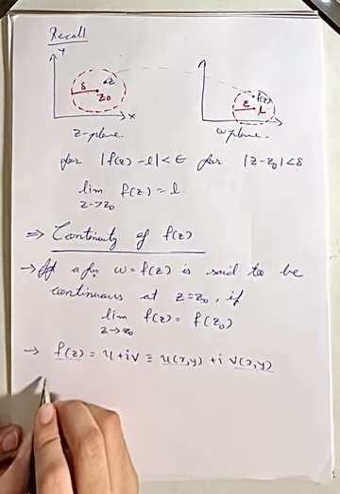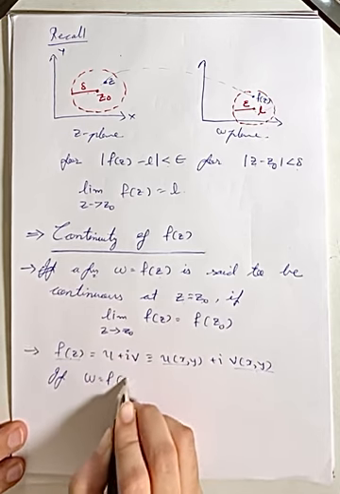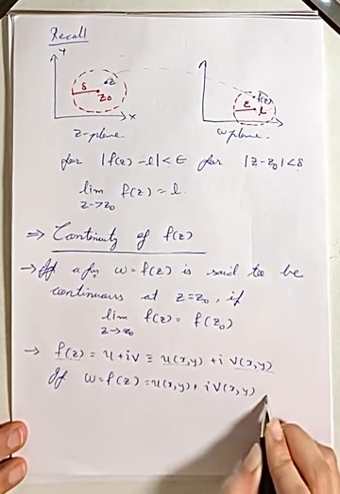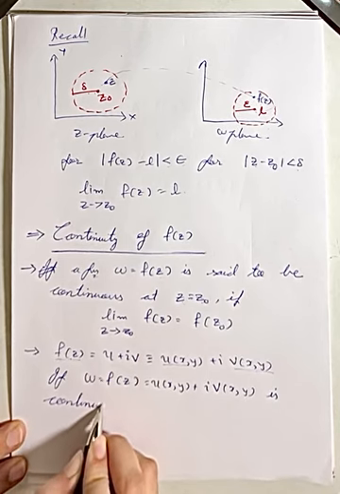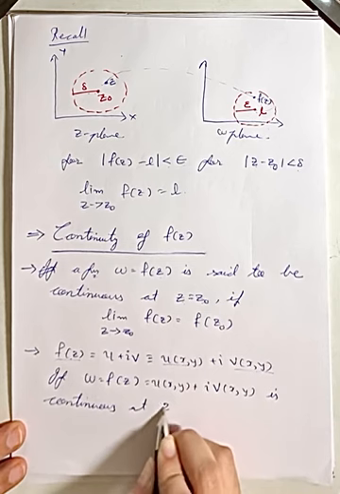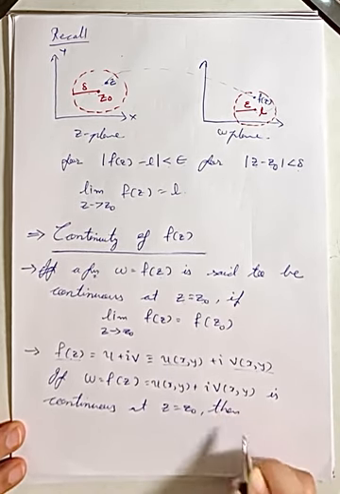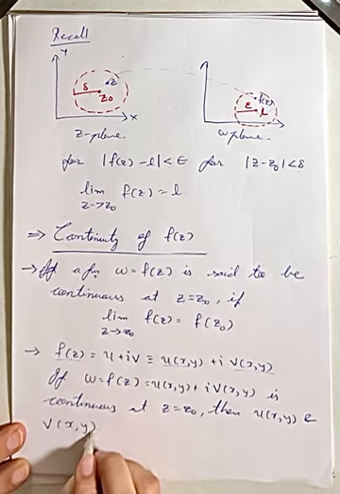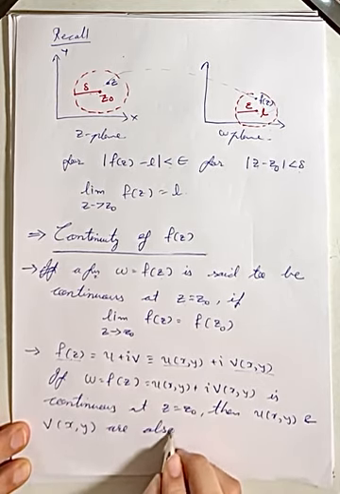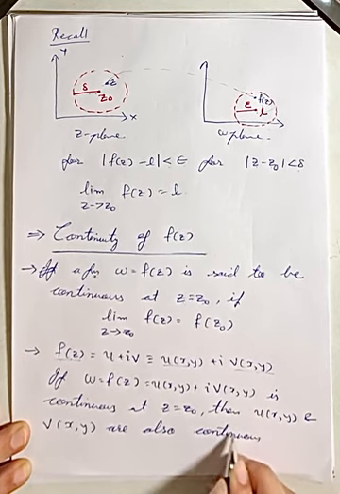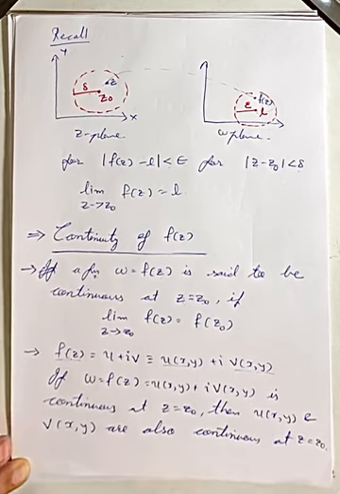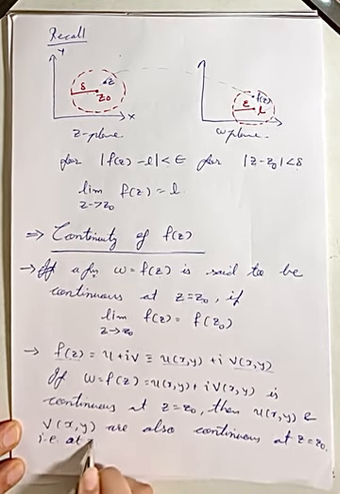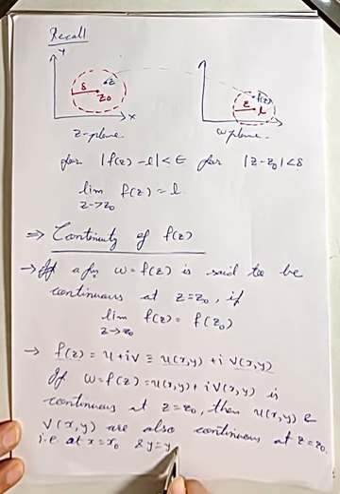Okay, so if w equals f of z equals u(x,y) plus i v(x,y) is continuous at z equals z0, then u and v are also continuous at z equals z0, that means at x equals x0 and y equals y0.